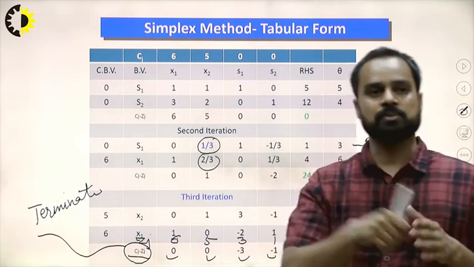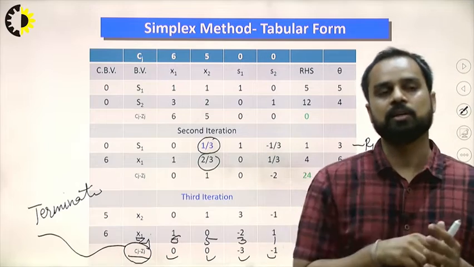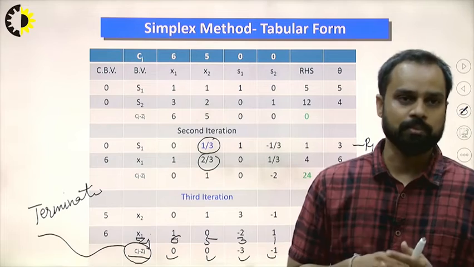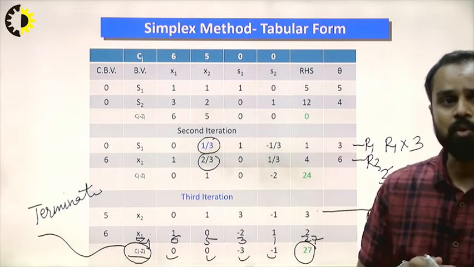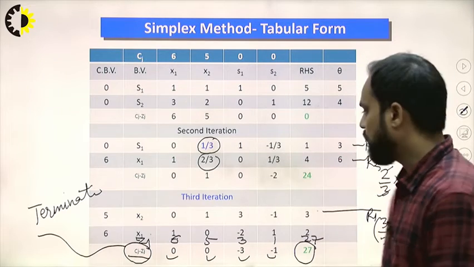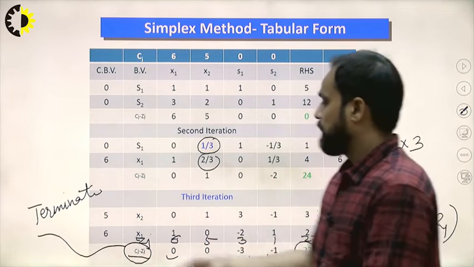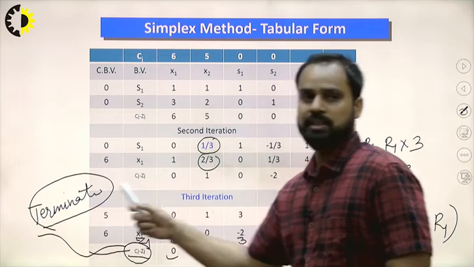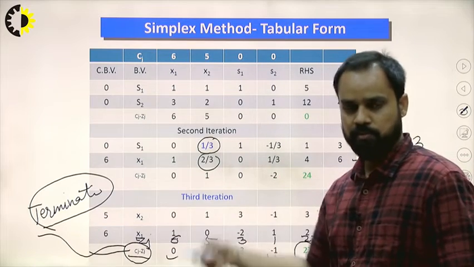So this is about the simplex method, right? In this lecture we have seen how the algebraic form is converted into the tabular form, and how we can solve a problem with the help of the simplex method in tabular form, iteration by iteration, getting a better value each time. And how can we say we have reached termination?